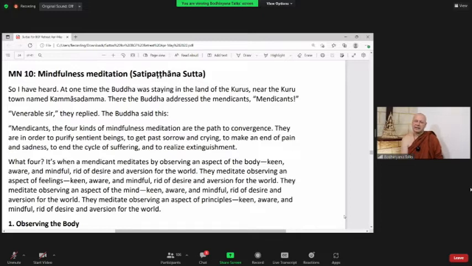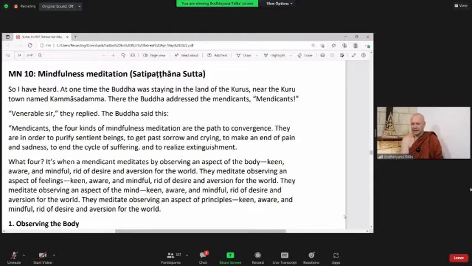So this is the introductory paragraph to the Satipatthana Sutta. If you want to know about Satipatthana, this is maybe the most important part of the entire Satipatthana Sutta. This is the part which is found throughout the suttas. Whenever you read the suttas broadly, you go to the Samyutta Nikaya, the connected discourses, you find the Satipatthana Samyutta, that is all the discourses on Satipatthana practice collected in one place, 50 discourses.